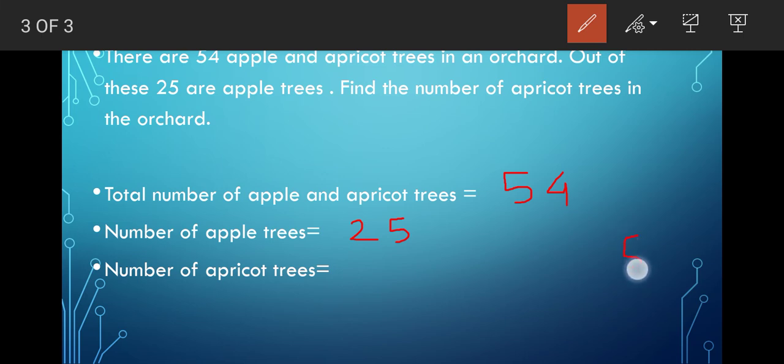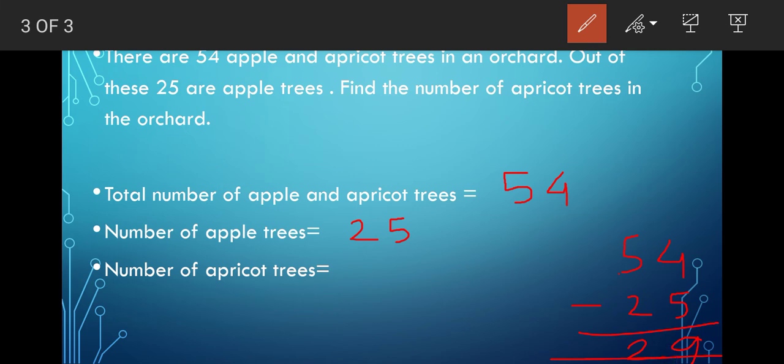We will subtract 54 minus 25. The same method we are going to apply here also. 4 is smaller than 5, so we will borrow and it will become 14, and this 5 will become 4. So 14 minus 5 will be 9. And here 4 minus 2 will be 2.